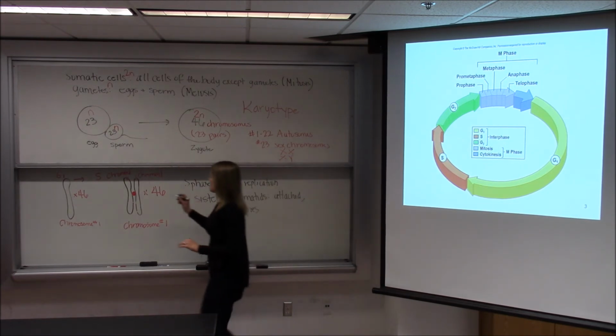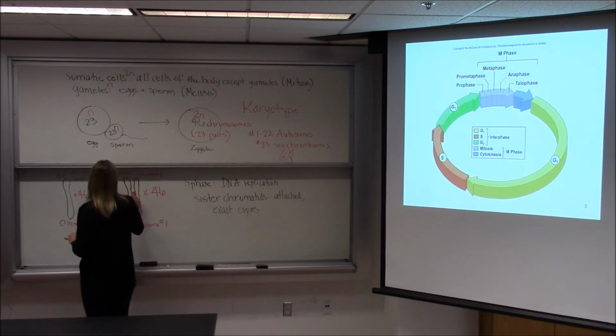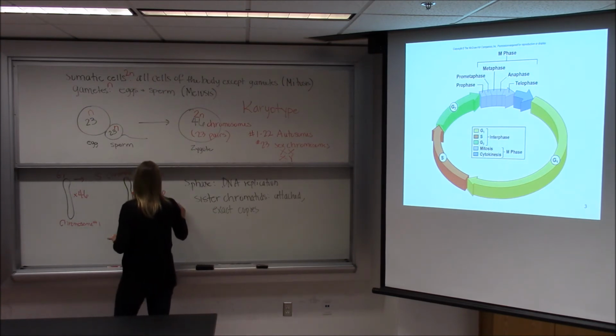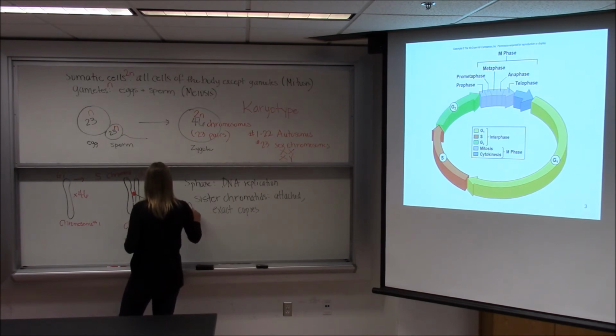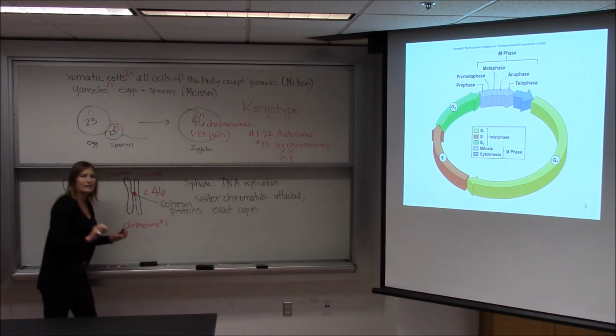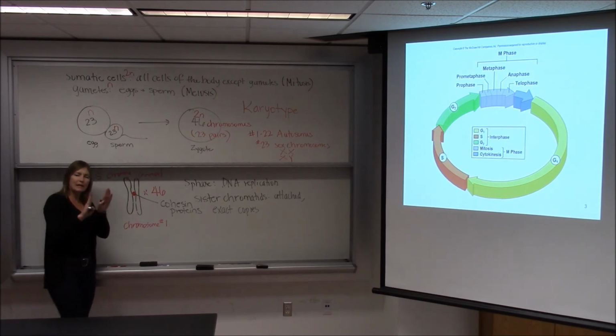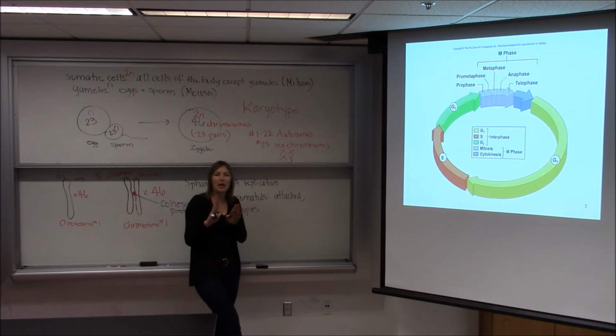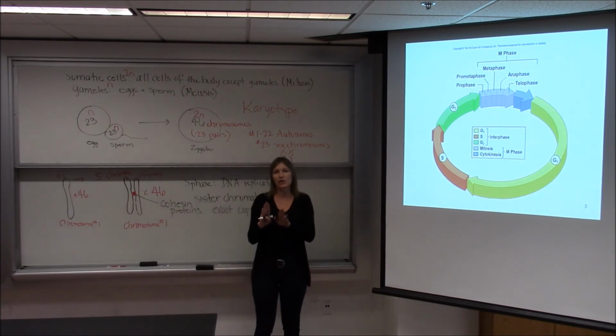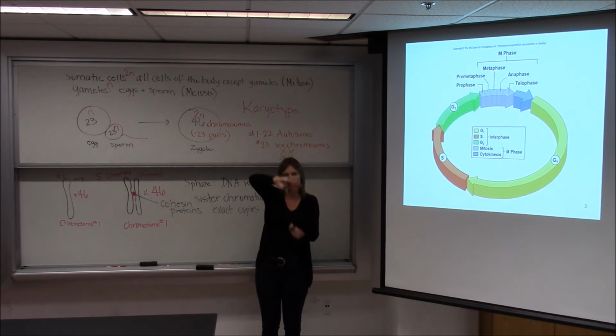They are attached to each other by this protein complex called cohesins, or sometimes called cohesin proteins. Sticky proteins holding those 2 together. We want them to stay together until a time in the cell cycle where it's determined that everything is connected correctly so we can pull them apart.